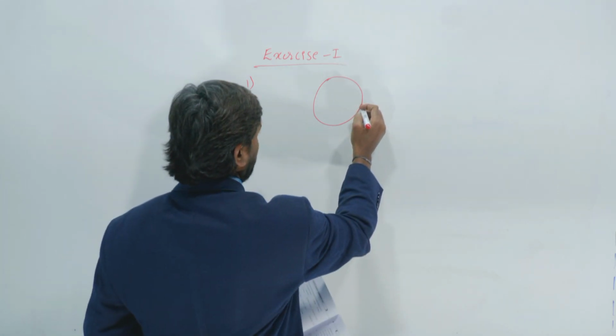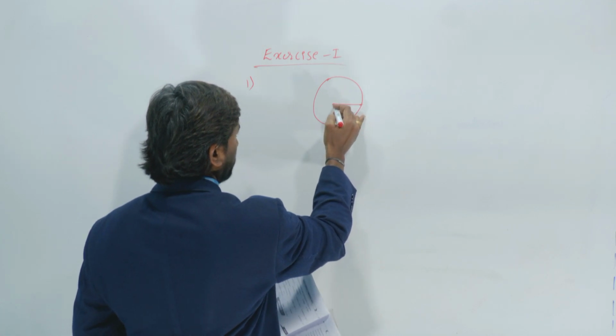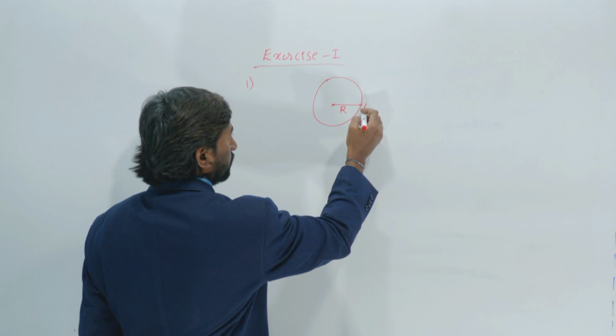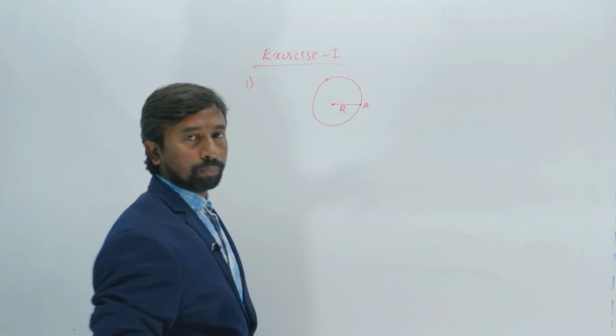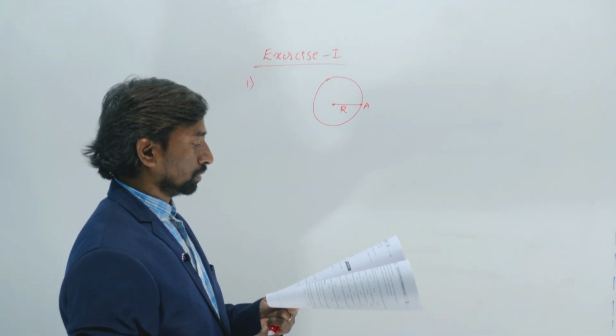Suppose it is started from here, and it has a certain radius. If it is started from here, in one round it will be complete and it will come to the position A only. So then it will come to the initial position.